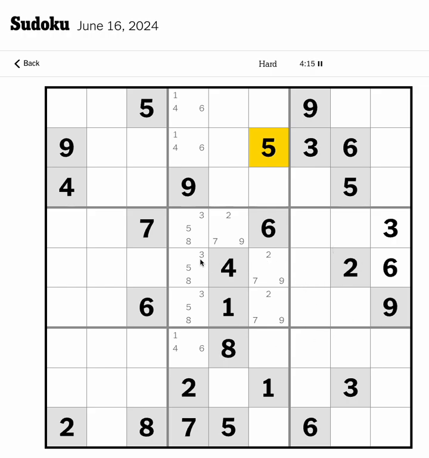And now I should clean up this. 3 here blocks this cell, so it's 5 or 8. 7 blocks this cell, so it's 2 or 9. 2 blocks here. 9 here blocks this cell, so it's 2 or 7.